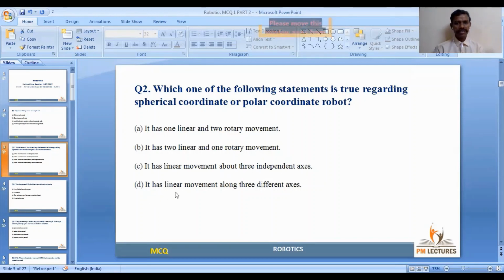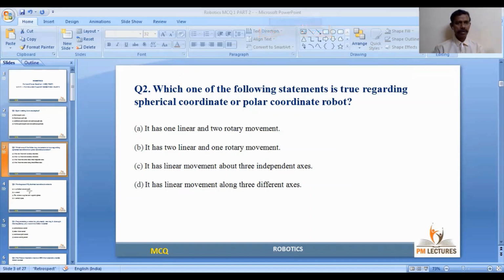Option D, it has linear movement along three different axes. So option A is the correct answer. It has one linear and two rotary movement. So for question 2, option A is the correct answer.